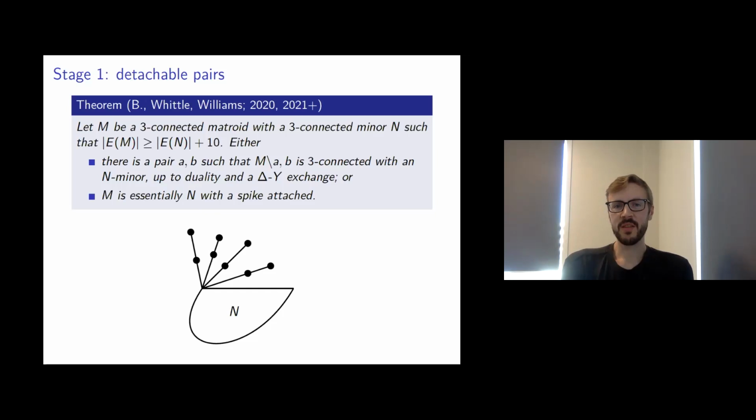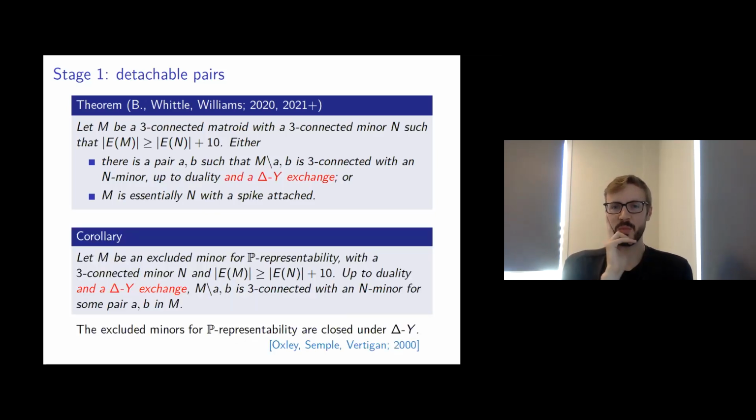So for our purposes, towards proving excluded minor results, first of all, the delta-Y exchange is not a problem for us, because Oxley, Semple, and Vertigan proved that for a class of matroids representable over a partial field P, the excluded minors are closed under a delta-Y exchange or a Y-delta exchange. So this condition isn't a problem for us.